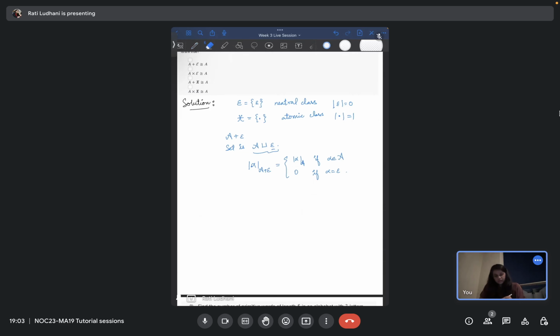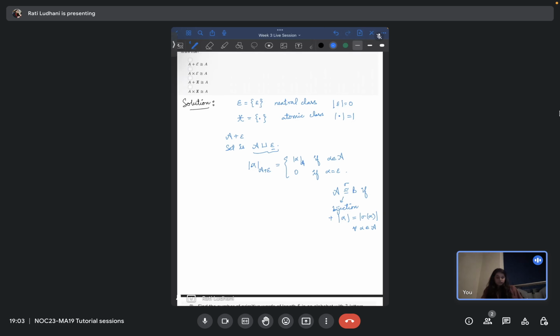A is isomorphic to B if there's a bijection sigma mapping A to B, such that the size of alpha is the same as the size of sigma of alpha, for all alpha belonging to A. These are the two conditions required for an isomorphism.